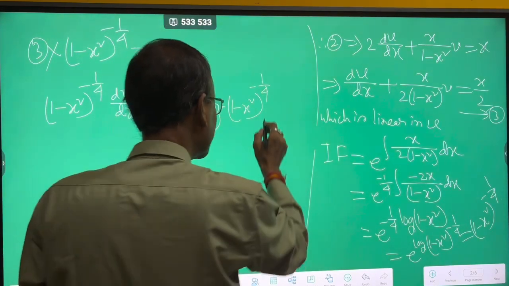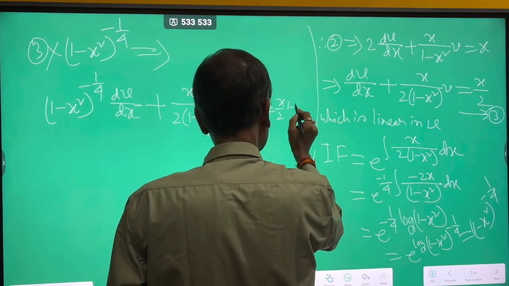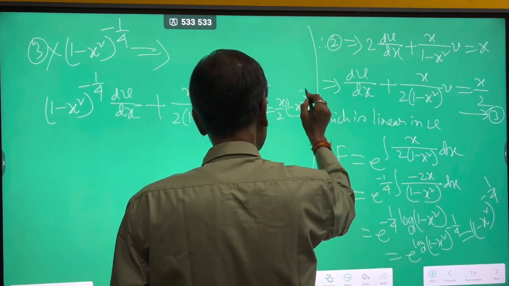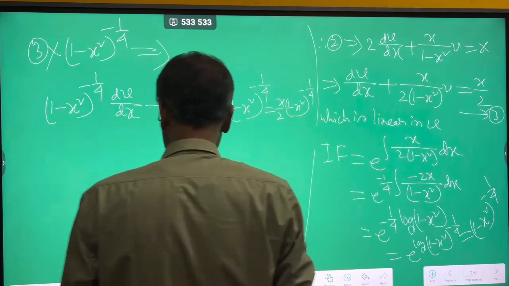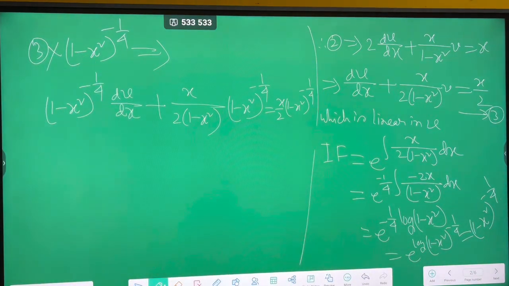This is equal to x by 2 into 1 minus x square whole to the power minus 1 by 4. We will get this one.